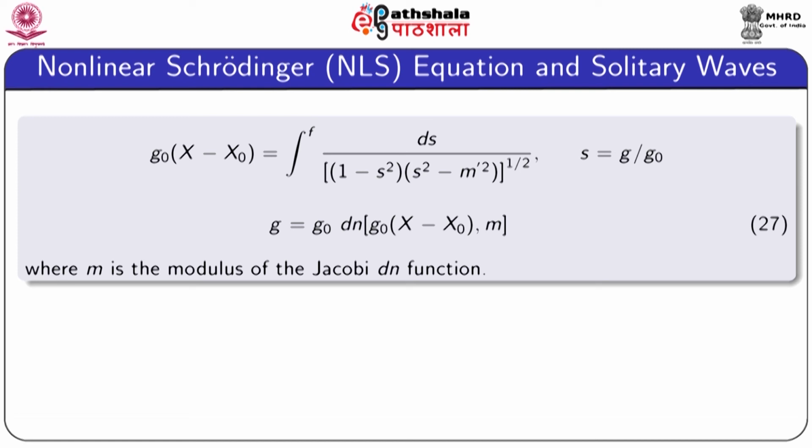So, the value of the integral is dn of g0 (x minus x0) with modulus m, where m is the modulus of the Jacobi dn function. So, in this way we can write the solution of the nonlinear Schrodinger's equation for deep water wave problem.